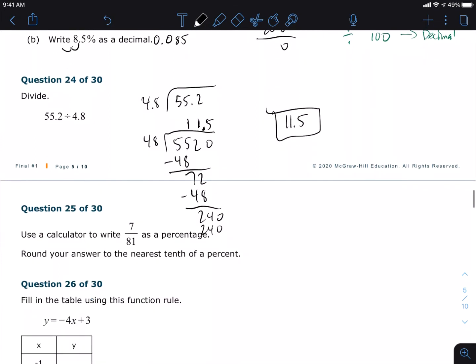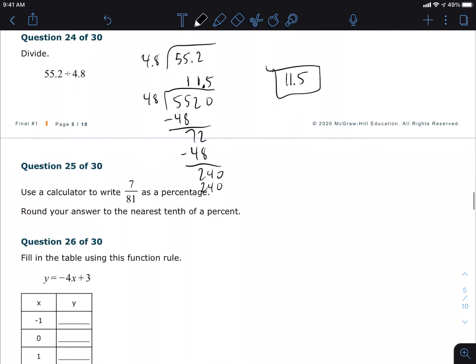All right. So for 25, it says use a calculator to write this as a percent. So what I'm going to do is go 7 divided by 81. And then to write it as a percent, I'm going to multiply by 100. Okay? So 7 divided by 81 times 100 should give me 8.64%.